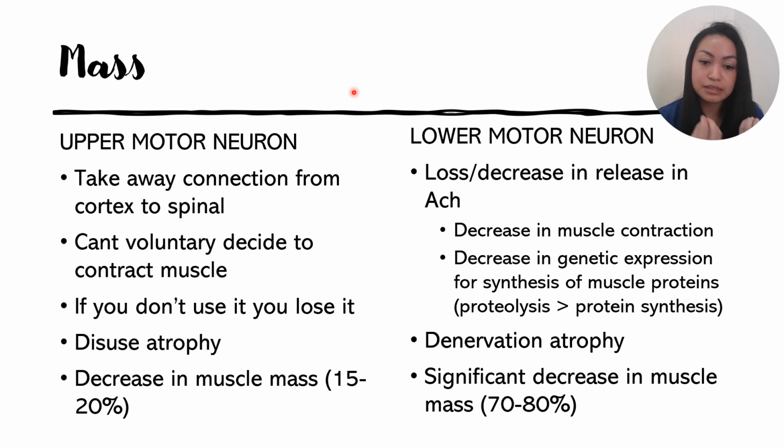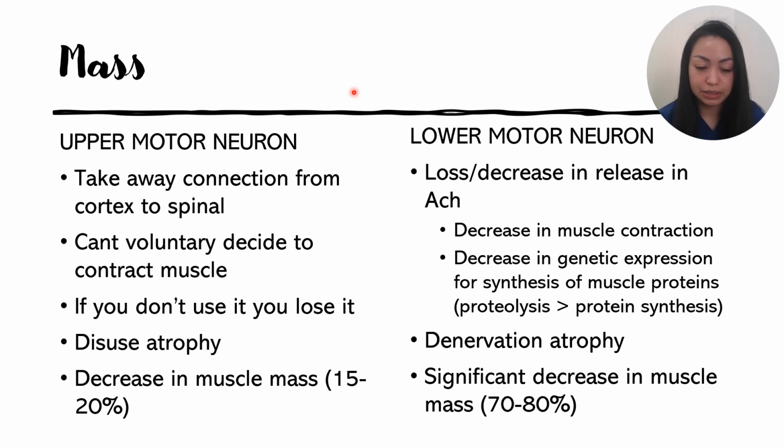So if there is an upper motor neuron lesion, I will lose voluntary control of the muscle. The cortex controls voluntary muscle movement, which is where the upper motor neuron originates, the motor cortices. If there's a lesion in the upper motor neuron, I will lose voluntary control of the muscle.